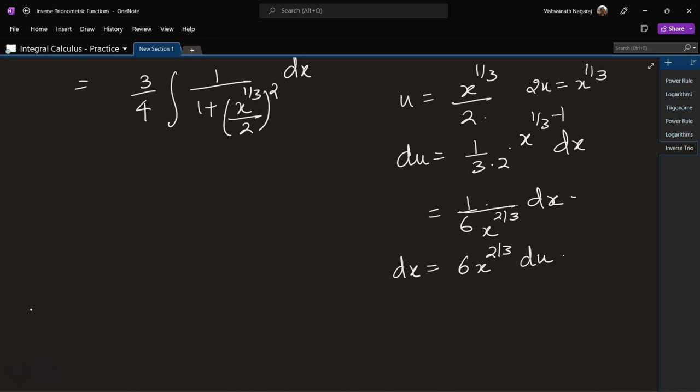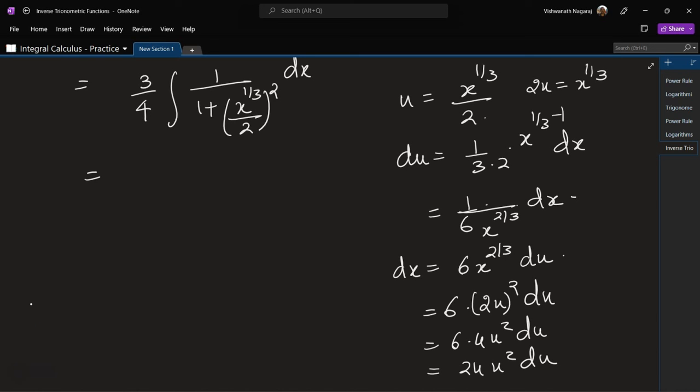So if we want x to the power of 2 by 3, what do we do? Square. So 2u square du, which gives us 6 times 4u square du, which gives us 24u square du. So now let's do the substitutions. 3 by 4 integral of dx is 24u square du by 1 plus u square.